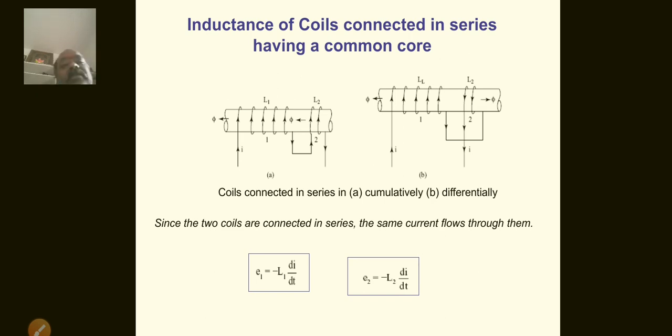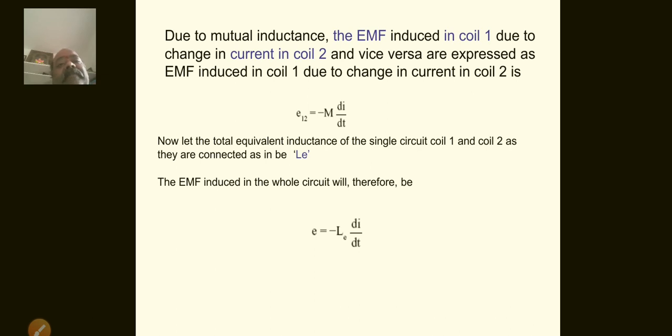Due to the mutual induction, the EMF induced in coil 1 due to the change in current in coil 2, and vice versa, the EMF induced in coil 2 due to the change of current in coil 1. So E12 is equal to minus M di by dt.